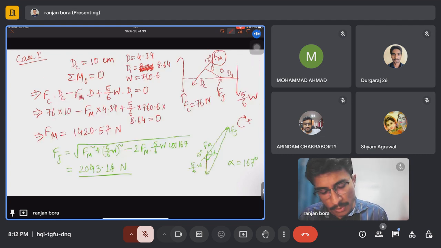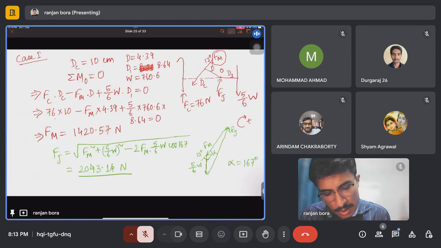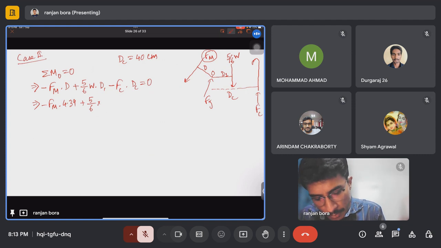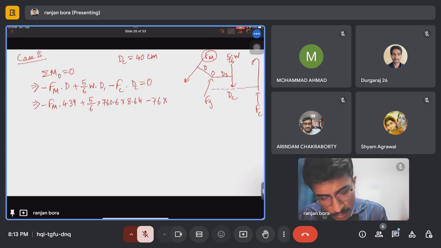FM D was 4.39, was 760.6, 164, minus FC was 76, plus 40.